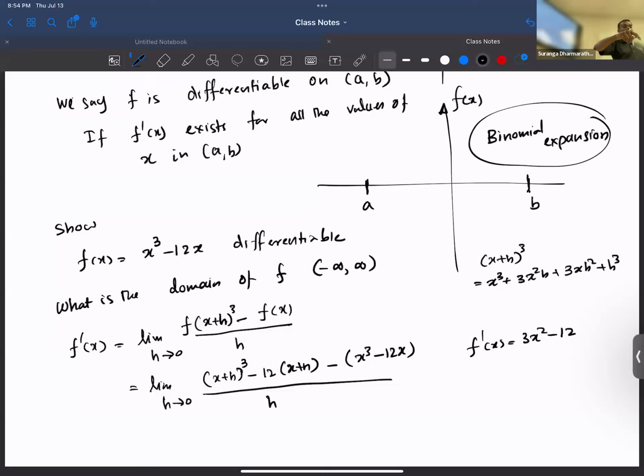That means this function is differentiable. If at any of the values f prime x does not exist, or the limit does not exist, that means it is not differentiable. It might be differentiable in a given interval, but not in the entire domain.